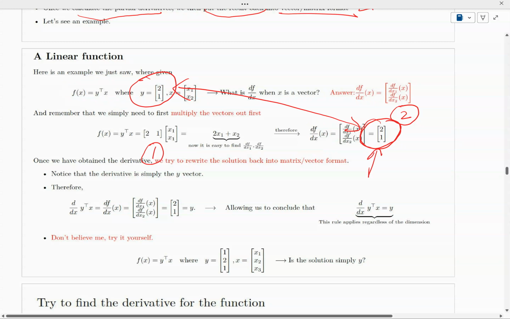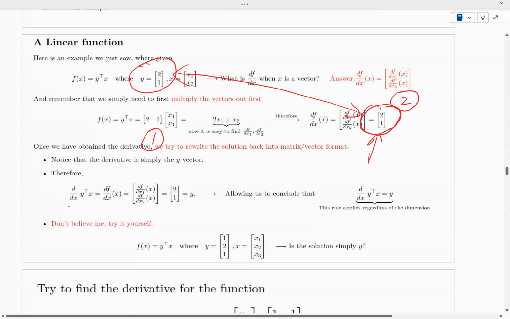From this, you realize that if we take the derivative of y transpose x, we got 2, 1, which is equal to y. This allows us to conclude that when you take the derivative of y transpose x, the solution is simply y.